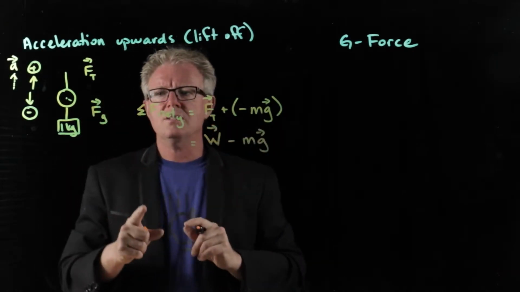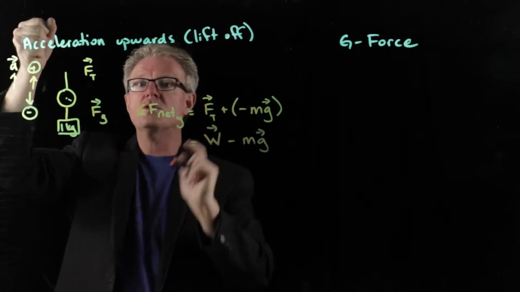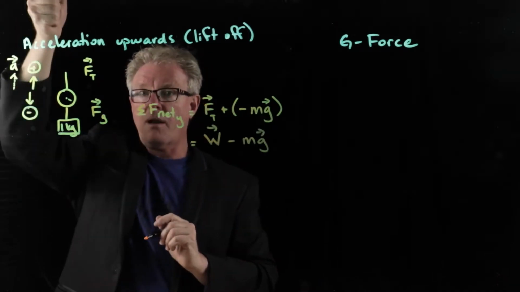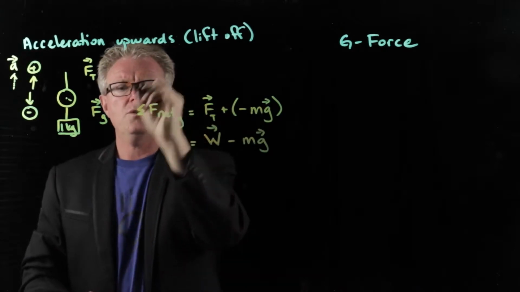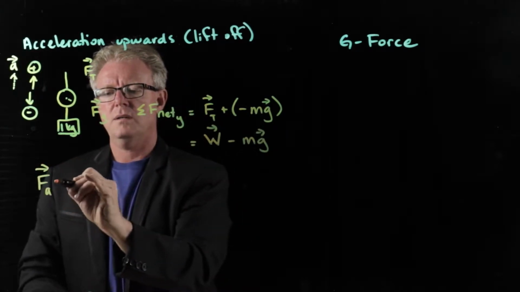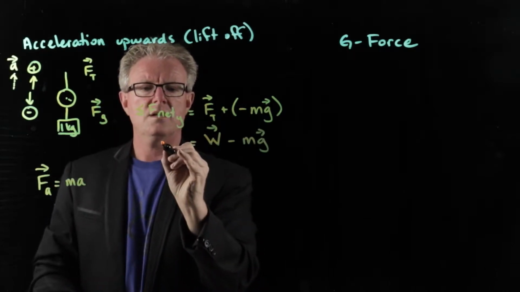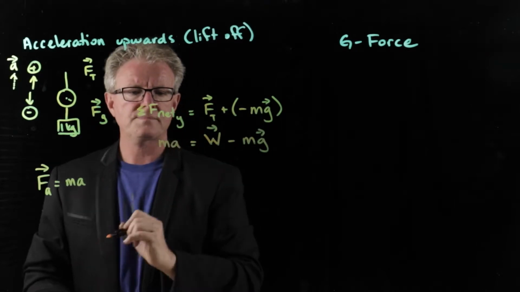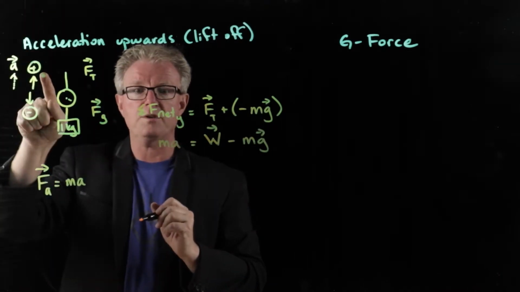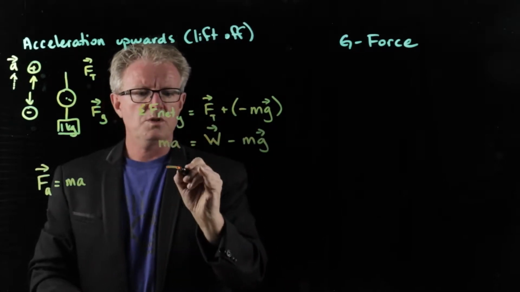But in this instance, because I was accelerating, the sum of the forces was not zero anymore. I was applying a force, and we know that the applied force is equal to ma, mass times acceleration. So let's write that in, ma, and it's going upwards, so it's positive. What does that mean? Well, we do a bit of rearranging.